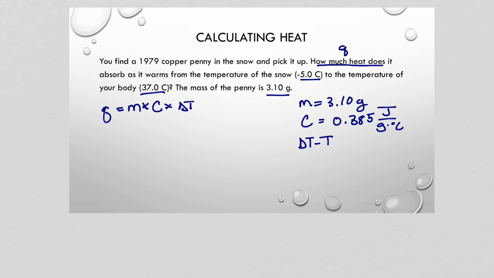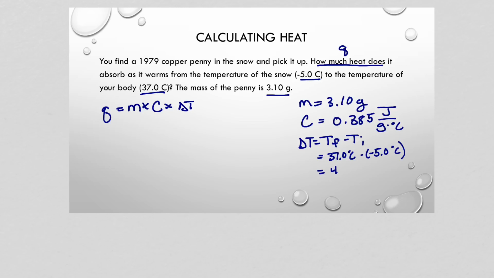And our delta T, remember, is the final temperature minus the initial temperature, which in this case, my final temperature is 37. My initial temperature was -5. So I have 37 minus -5.